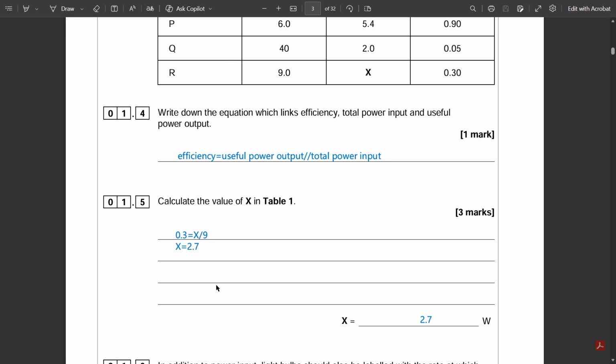The most important mathematical skill you can have for GCSE physics is rearranging equations. For example, we could have just left it in terms and then rearranged for useful power output, or just solved the equation if you want to plug the numbers in first.